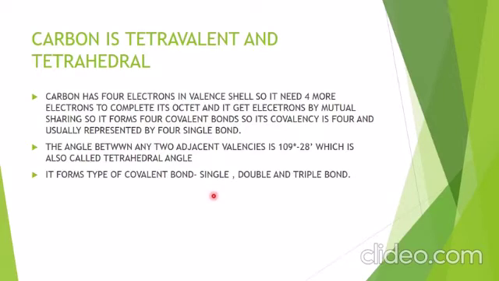And if each atom contributes 2 electrons, the covalent bond formed is called a double bond and is represented by a double line. And if each atom contributes 3 electrons, the covalent bond formed is called a triple bond and is represented by a triple line. 3 lines are there.